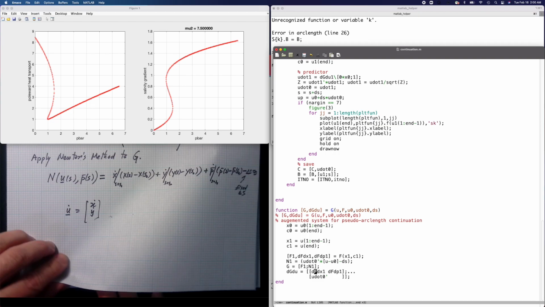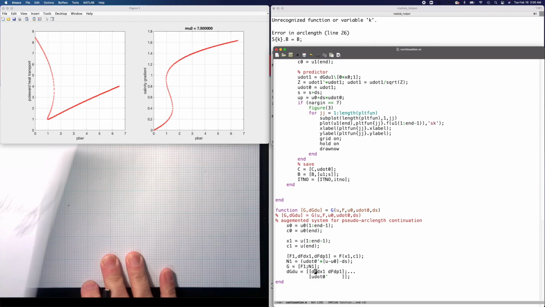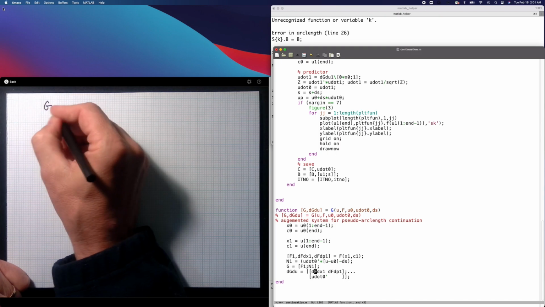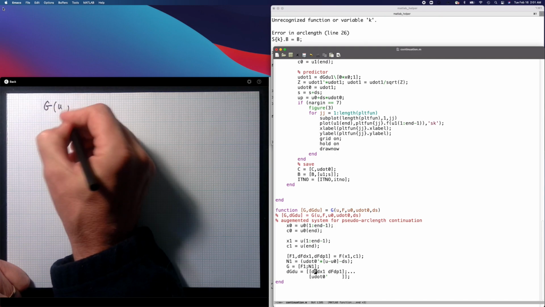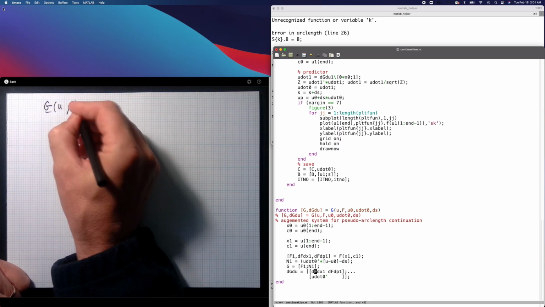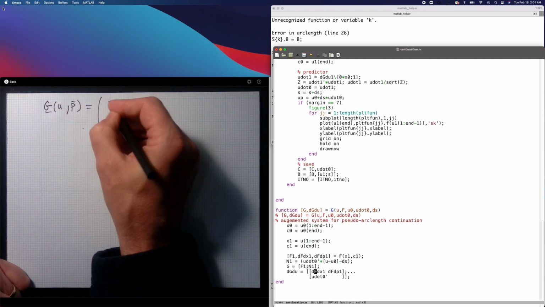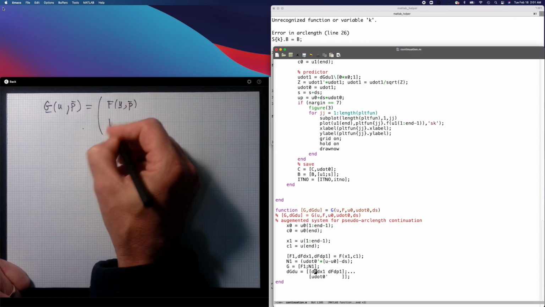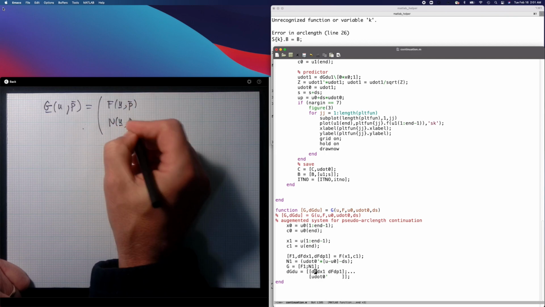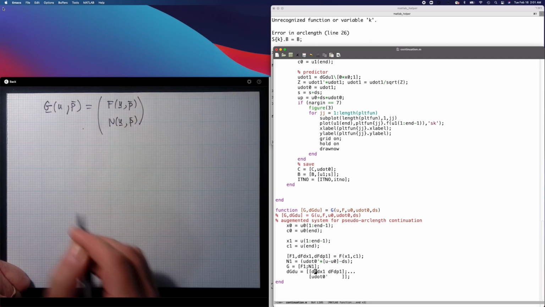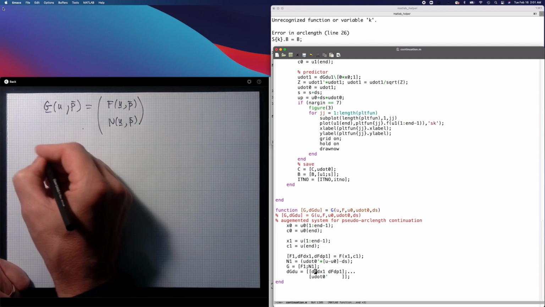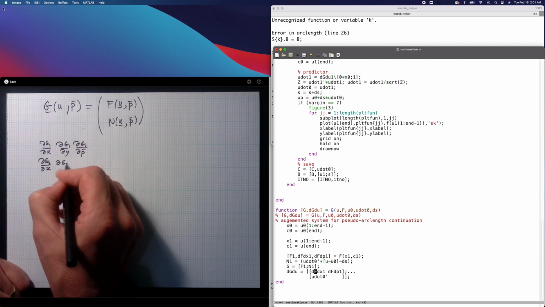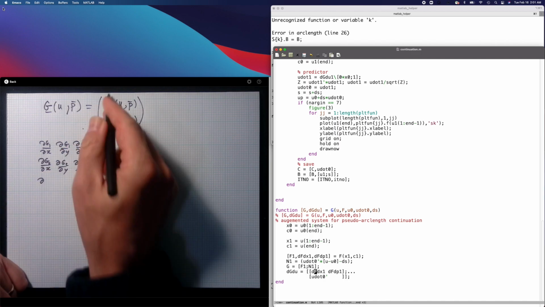But to show you what it looks like, the Jacobian matrix of G, remember, G of u and p bar is F of u and p bar, N of u and p bar. So if I compute the Jacobian matrix of this one, there's now going to be three equations.